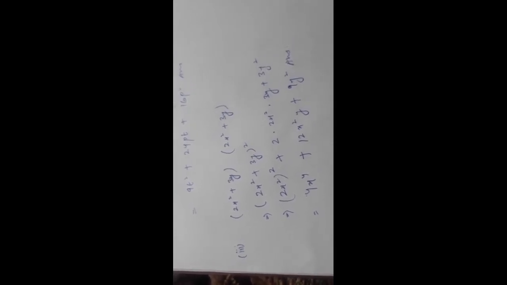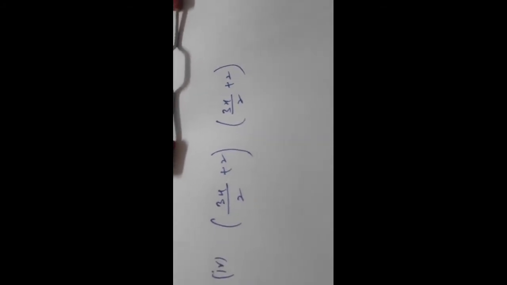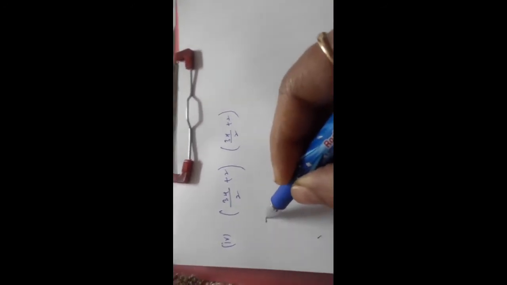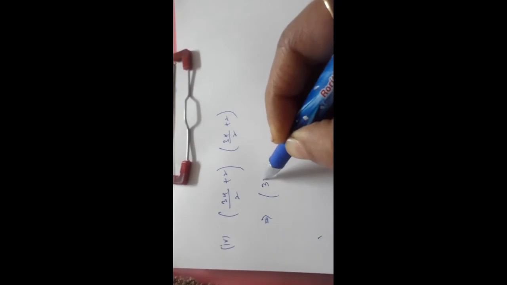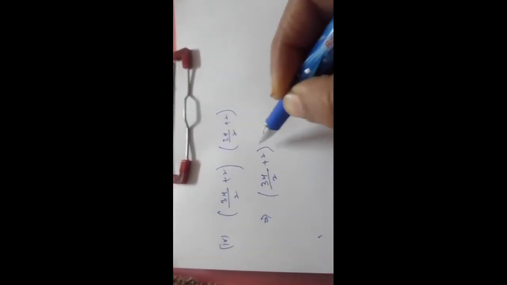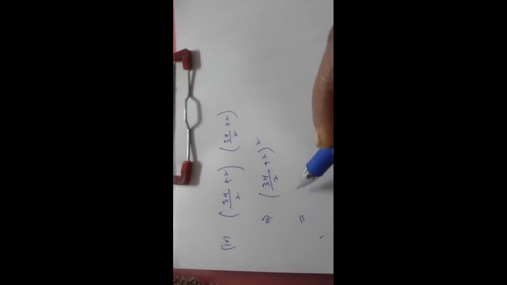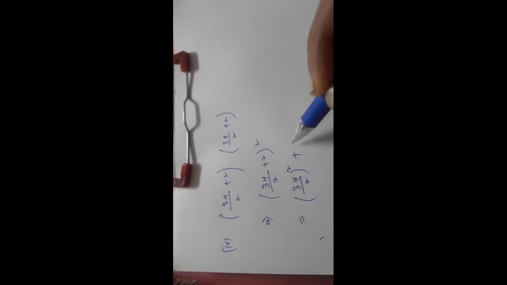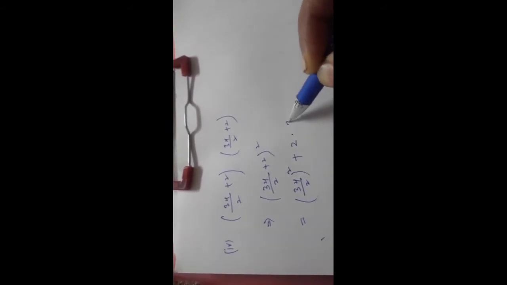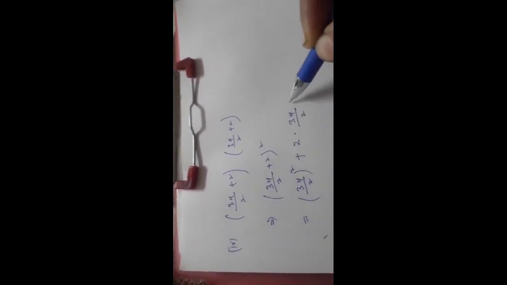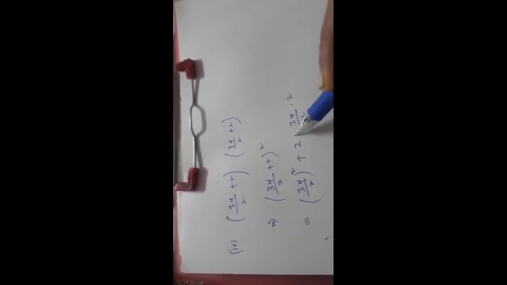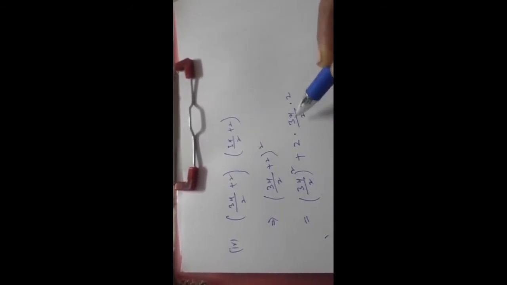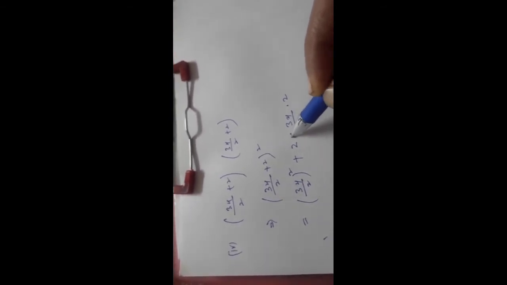Let's move to solve the fourth part. The fourth part is 3x by 2 plus 2, 3x by 2 plus 2. How would we solve it? We will write first 3x by 2 plus 2 whole square, which would be equal to 3x by 2 whole square, which is a square, plus 2 into 3x by 2 into 2. What does the dot denote here? The dot denotes multiplication.